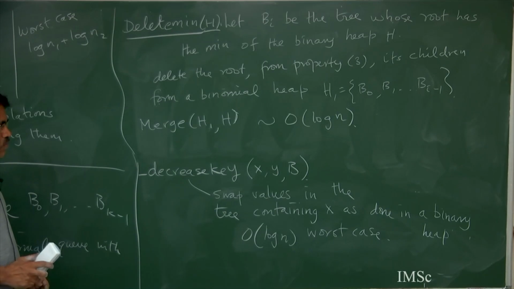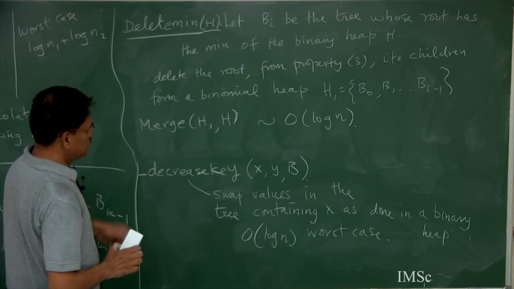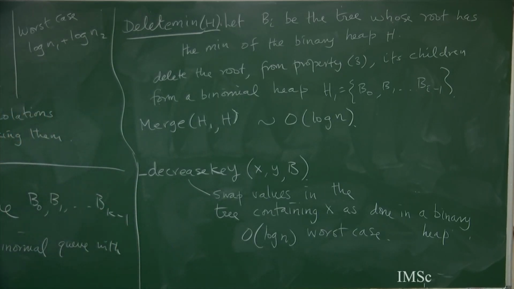Okay, so the idea suggested in Fibonacci heap to implement decrease key is as follows.